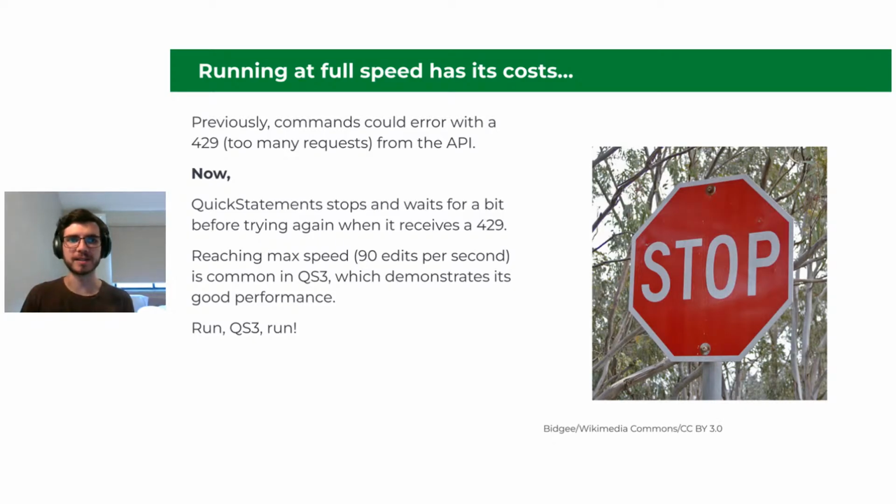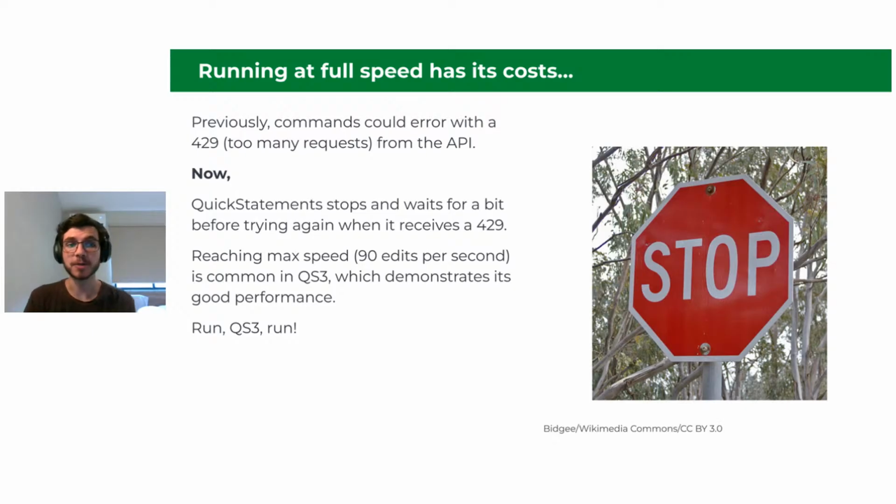So when you submitted a long batch and you started receiving 429 in your comments, it was an error and you couldn't run the command again. You had to filter them through the report and create a new batch. Now QuickStatements stops and waits for a bit before trying again when it receives a 429. So you don't have to worry about too many requests. QuickStatements 3.0 is handling that by itself, communicating with the API.